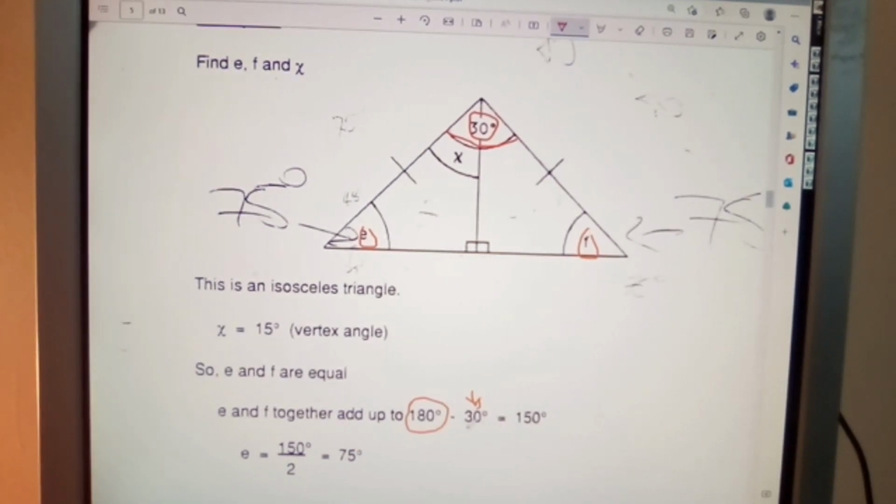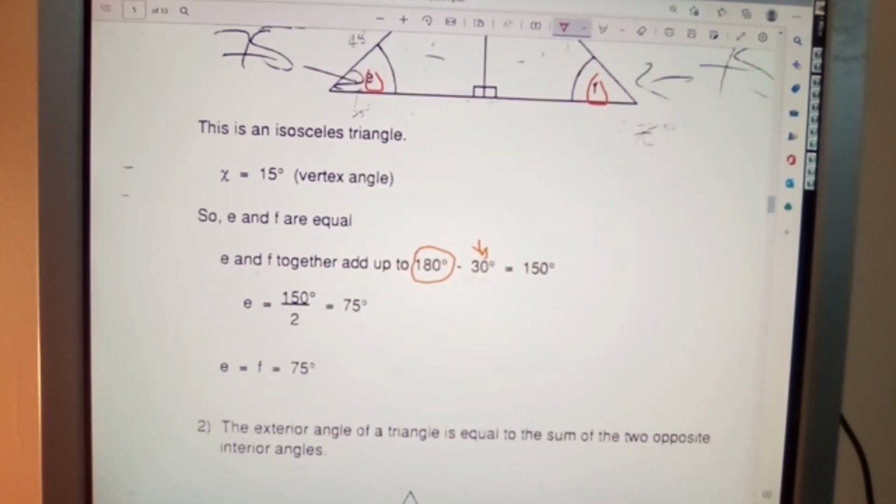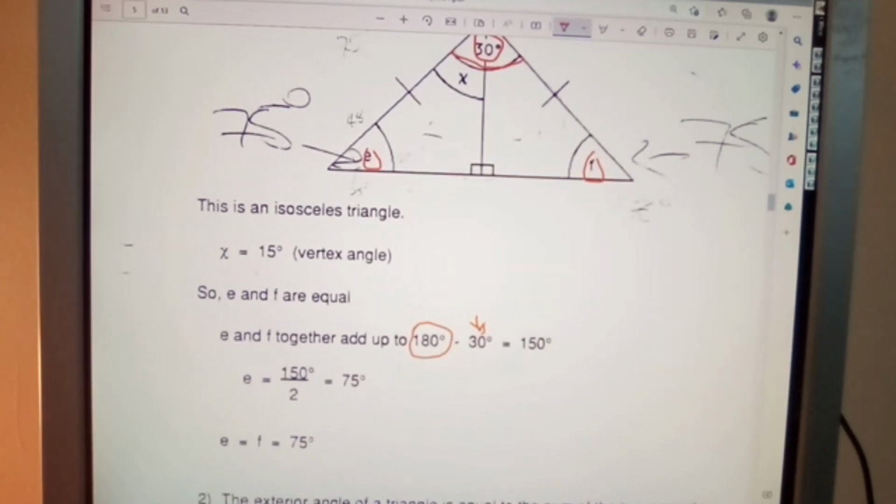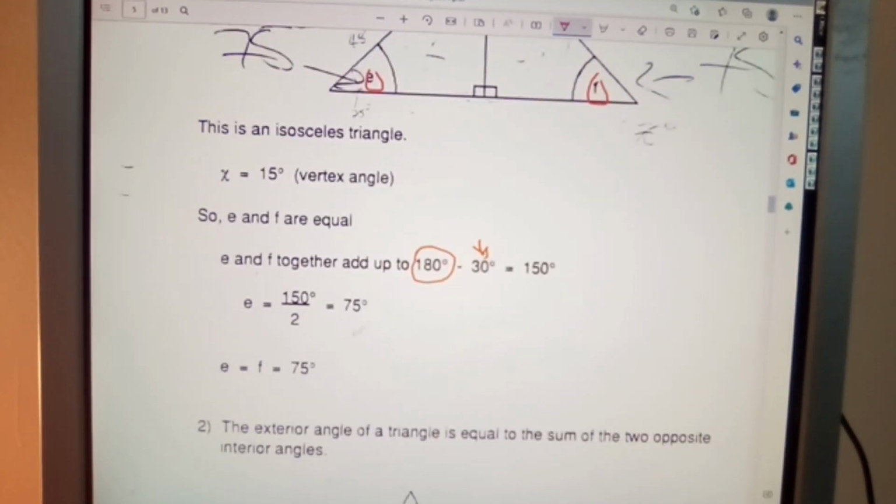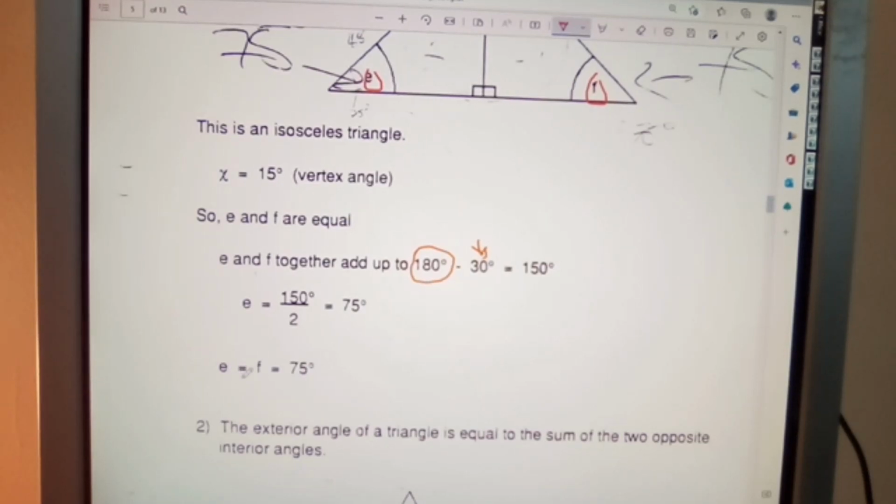We know that E and F are equal, therefore E equals 150 divided by 2 equals 75. Therefore E equals 75 degrees and F equals 75 degrees.